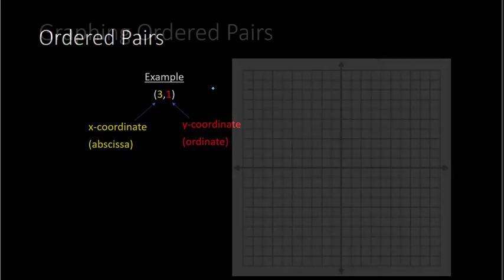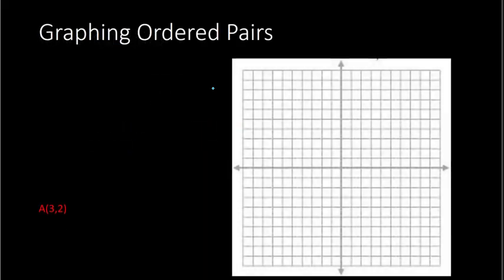Now we can graph ordered pairs on the coordinate plane. For example, we have point A, and point A is the point 3, 2. So 3, 2 is my ordered pair, where 3 is my x value, and 2 is my y value. To graph, remember this horizontal line is your x-axis.